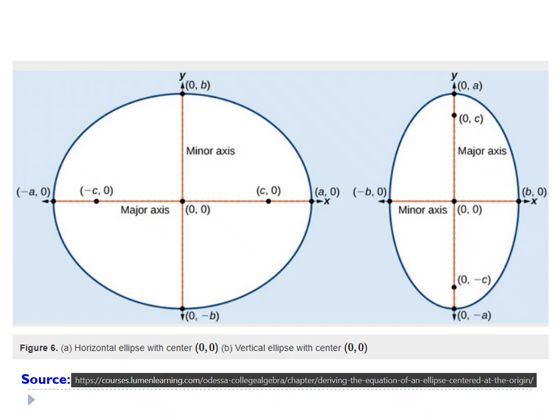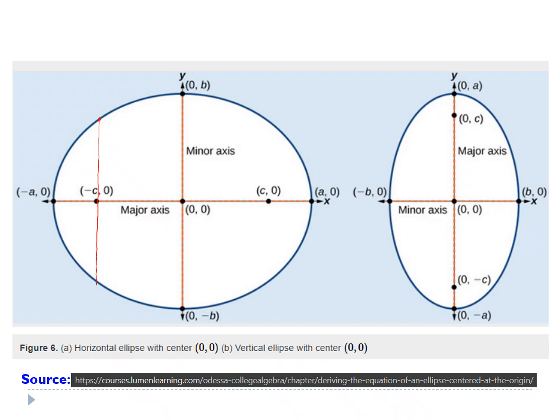In summary, for the major axis on the x-axis, we have this ellipse. For the major axis on the y-axis, we have this ellipse, and these are the corresponding coordinates. And again, as I mentioned in the first video about ellipse, a line perpendicular to the major axis passing through the focus is called the latus rectum.